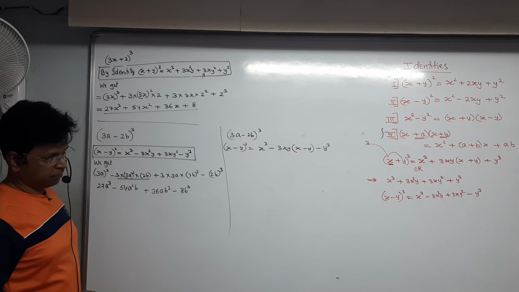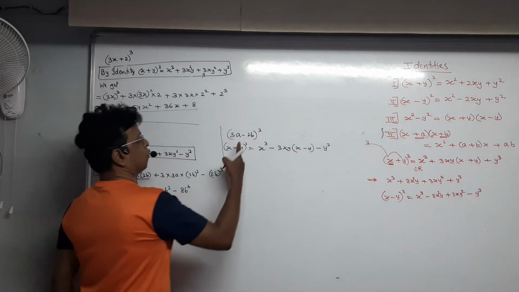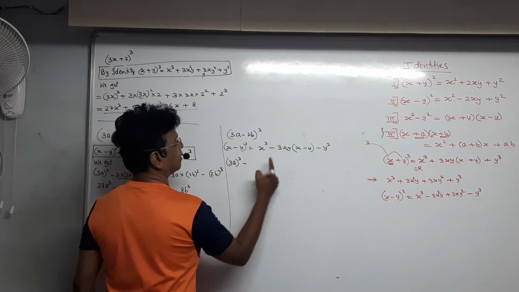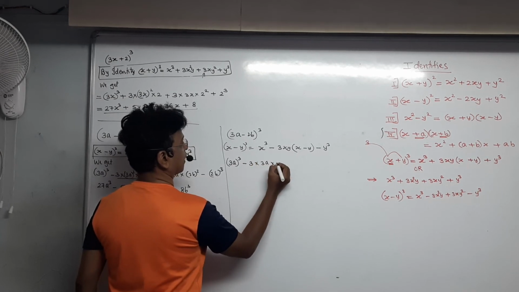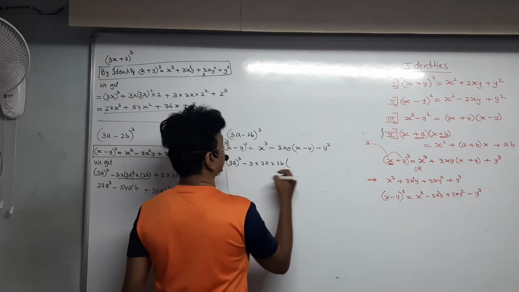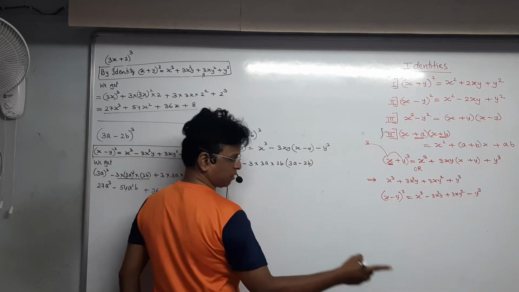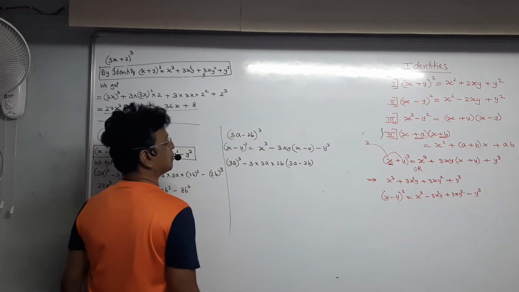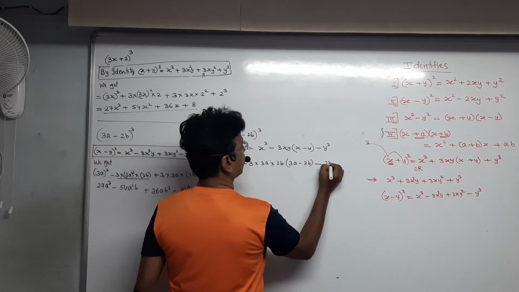What will I get over here? 3a the whole cube minus 3xy, means 3 into first term 3a into second term 2b, in bracket 3a minus 2b. You wrote plus? No, minus 2b the whole.